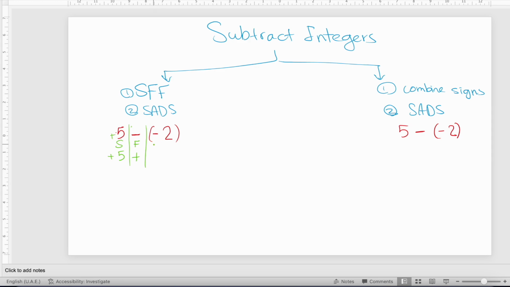Flip -2 into +2. So same flip. Okay, and then you work with the new problem. I have +5, I have +2. They are the same sign, then I need to add them. That's it. 5 plus 2, it's 7. Put the sign of the greater number, which is positive.